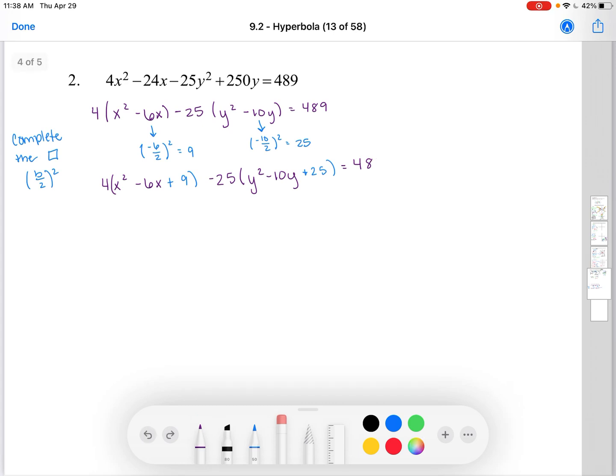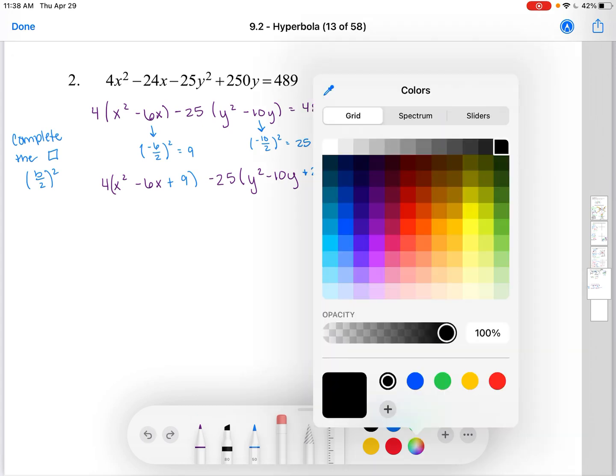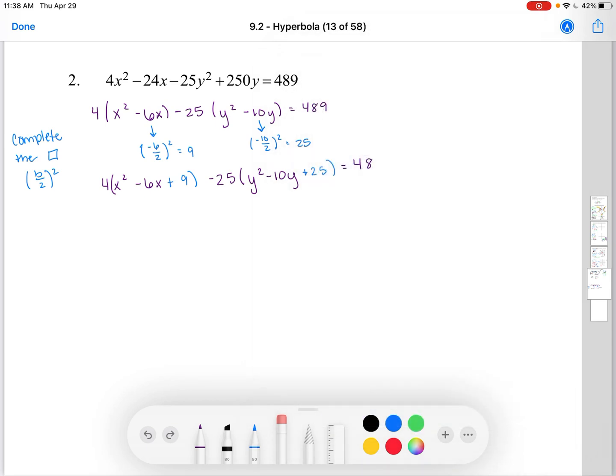Now, I can't just add things willy-nilly without also doing it to the other side. So what needs to happen is I have to figure out what did I truly add to the left side? I added a 9, I added a 25, but I have those coefficients out front that are going to change it just a little bit.